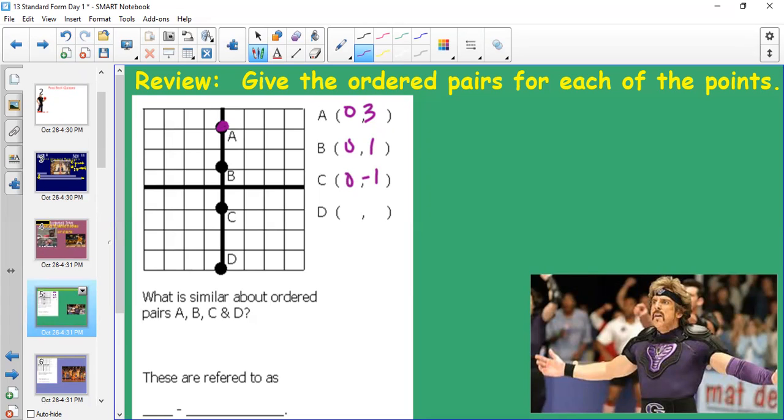D is 0, -4. So what do they all have in common? They all have a 0, and they have it for the first number in the ordered pair, in other words, the x coordinate. They all have an x coordinate of 0.